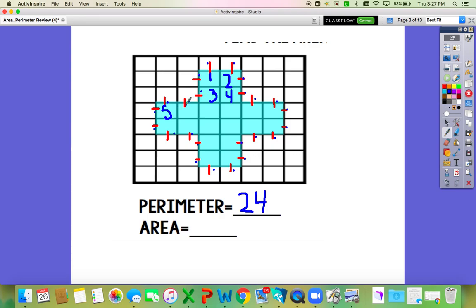So if I continue to do that, it's a little hard with this, I would get 1, 2, 3, 4, 5, 6, 7, 8, 9, 10, 11, 12, 13, 14, 15, 16, 17, 18, 19, and 20. Again, if this was a piece of paper, I would write in all of these numbers as I counted, and that way I could show my teacher how I got my work. So the area of this shape is 20 units.